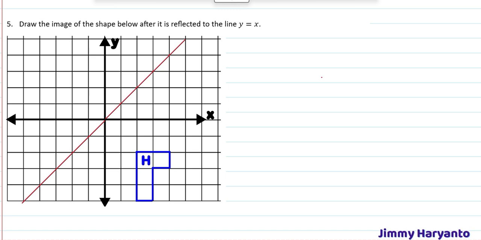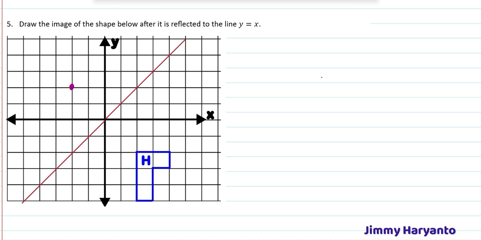First you have to choose one point like that, and then you will create a perpendicular line to the mirror. Because it has to be perpendicular, that means the line have to be like this, and then as you can see, the line is like 2 units diagonally. That means we have to go through 2 units also, like that. So the image will be right there.